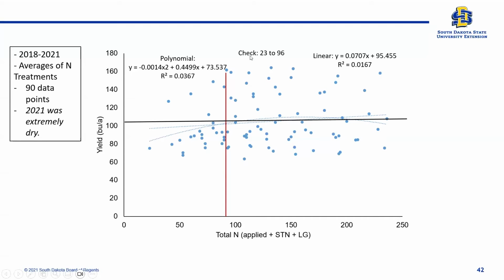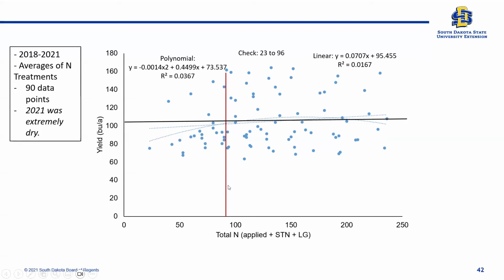And all of the check plots, every field was different in terms of how much N was there before the trial started. So it ranged from 23 pounds of N to 96 pounds of N before the trial was established in these fields. And you can see, this could be 23 right here. And I'm just ballpark eyeballing this red line. It's not anything the computer drew. I drew it myself.